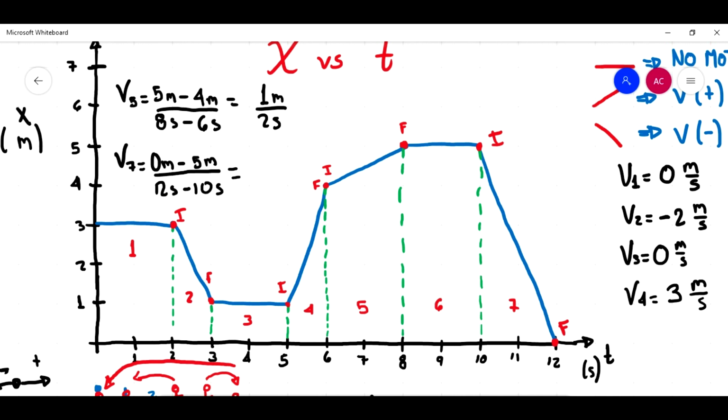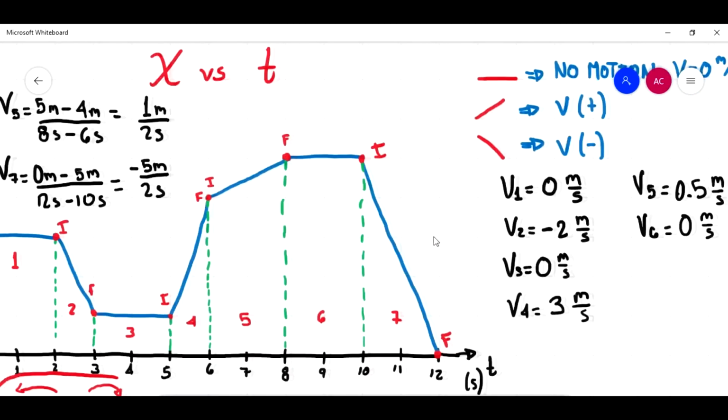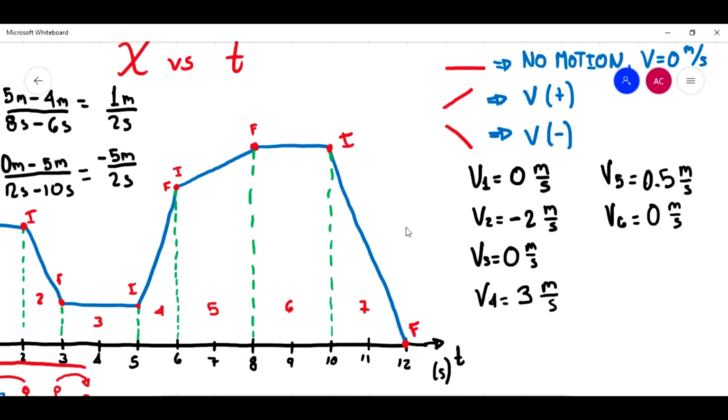So this is minus 5 meters, negative because I'm returning, I'm moving to the left, over 12 minus 10 is 2 seconds. So 5 over 2 is 2.5. The velocity of segment number 7 is minus 2.5 meters per second.